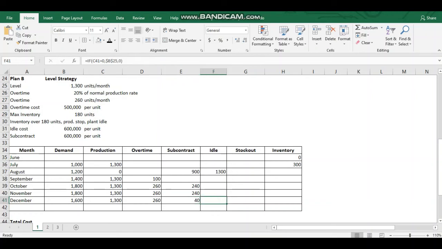Okay, after we determine the production and then overtime, subcontract, idle, stock out, and inventory, we sum all of them, each column. Anyway, we don't have any stock out case here.